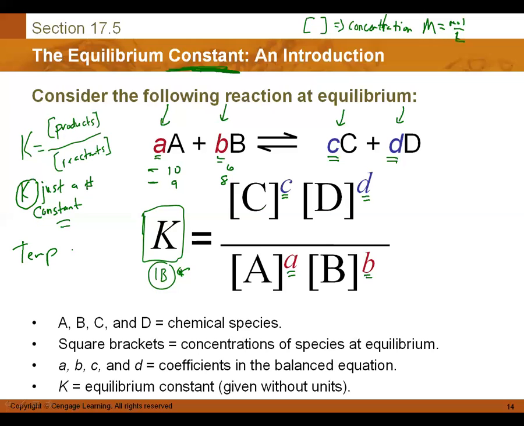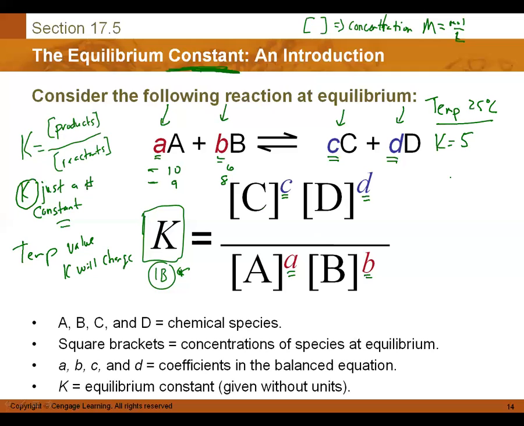But if you change the temperature, the value of K will change. So again, what that means is, let's just say, I'm making up these numbers. At a temperature of 25 degrees Celsius, for this reaction, we have a K value of 5.